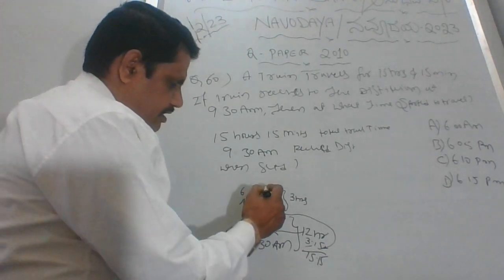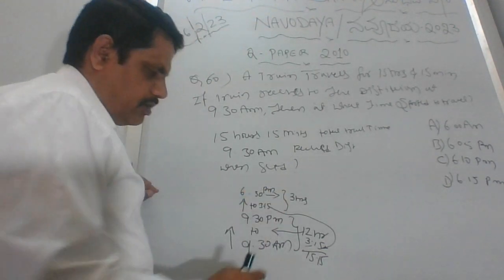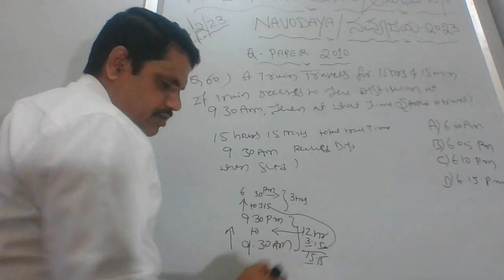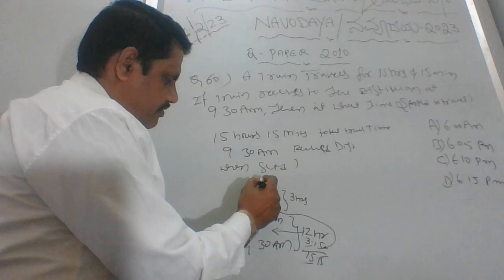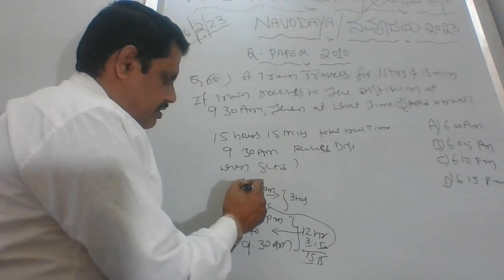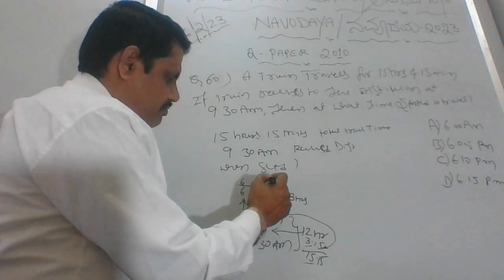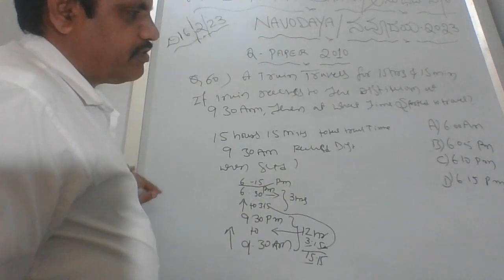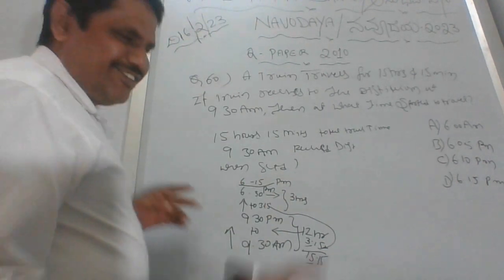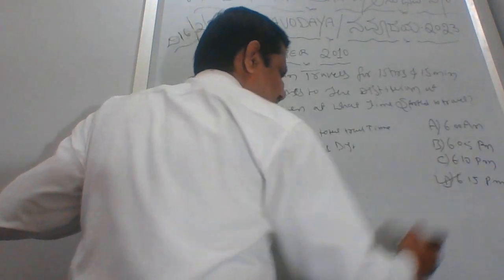This is 6:30 PM. So we have completed 15 hours successfully. We need 15 minutes less. Again minus 15. Now I will keep the 6 the same. So 6:15 PM. Yes, we have answer D.